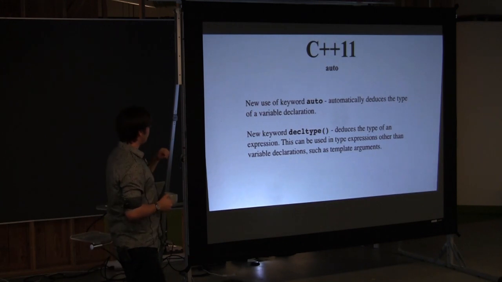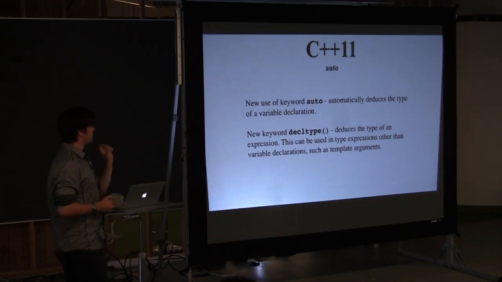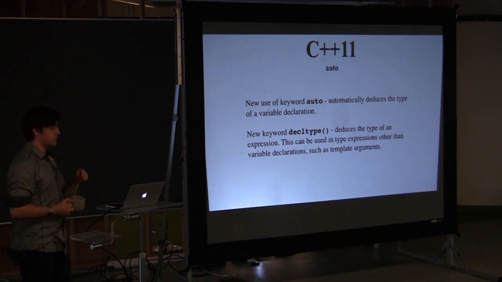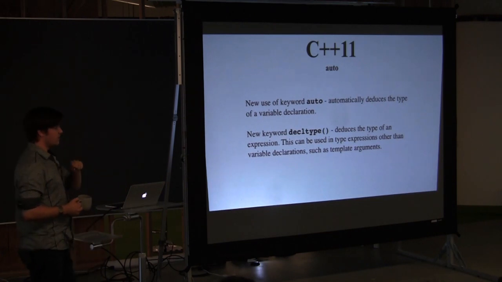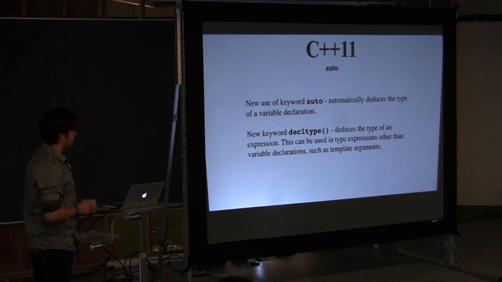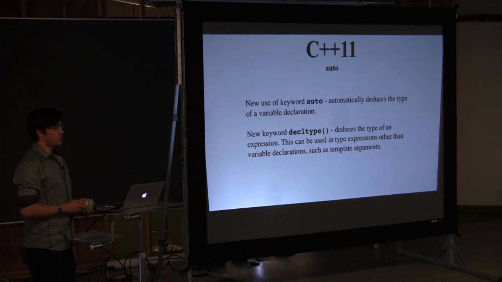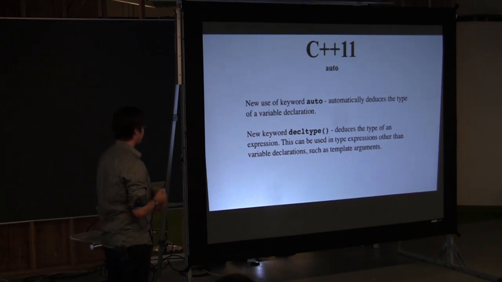So auto can now be used as a type when you declare a variable, and you can only use it when you declare a variable and assign a value to it at the same time. And it will essentially resolve to the type of the thing that you're assigning to it. So you no longer need to know what something returns in order to capture it in a variable, which is very convenient sometimes. And I think there will be an example of that.